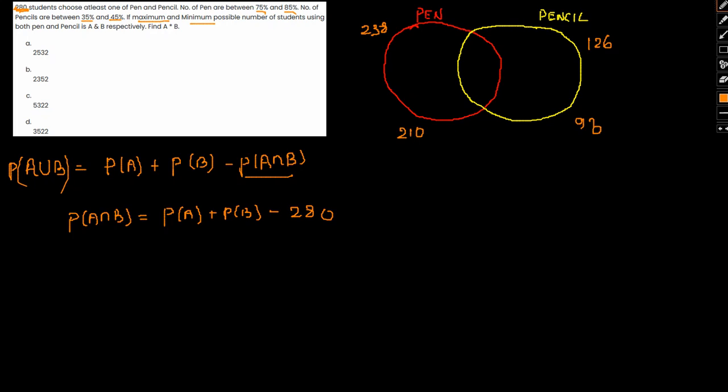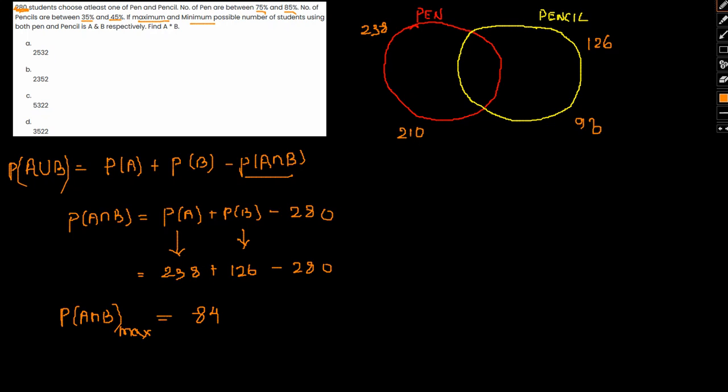Now we need maximum and minimum value. For maximum value, we can take the maximum value of both pen and pencil. For pen the maximum value will be 238, and for pencil the maximum value will be 126, minus 280. Therefore P of A intersection B max can be simply given as 84.